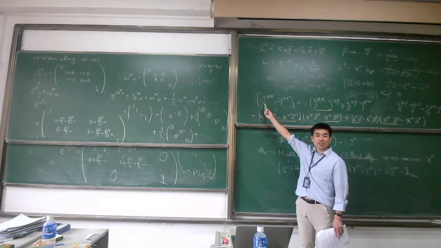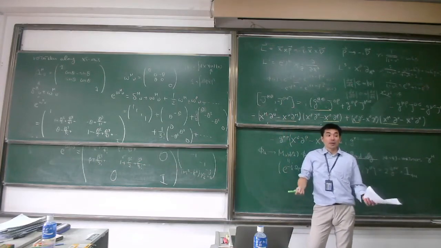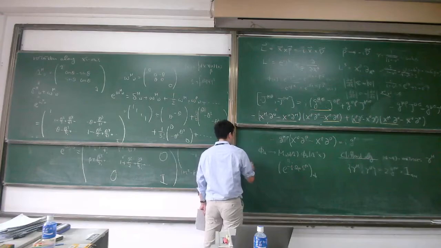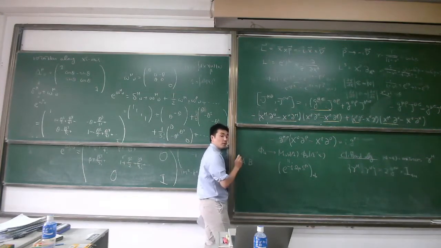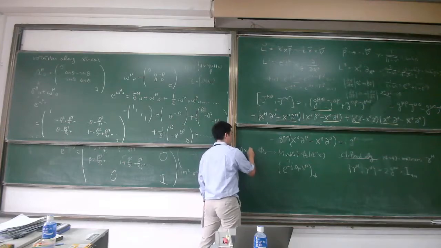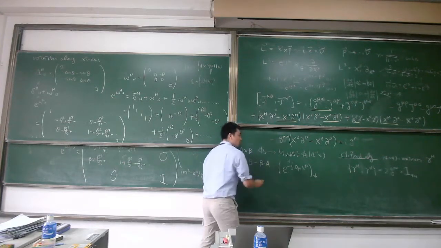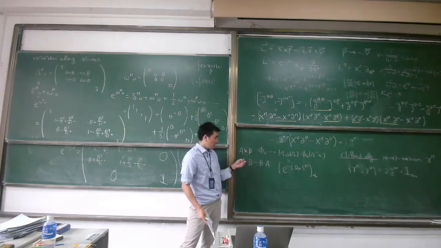As a matrix you can add, but multiplication is just not ordinary multiplication. So if you have a matrix A and matrix B, usual multiplication is something like this one. Okay? But here we define the multiplication. Let's call multiplication A, B as A B minus B A. This is a rule. Okay, so we define multiplication like this way.